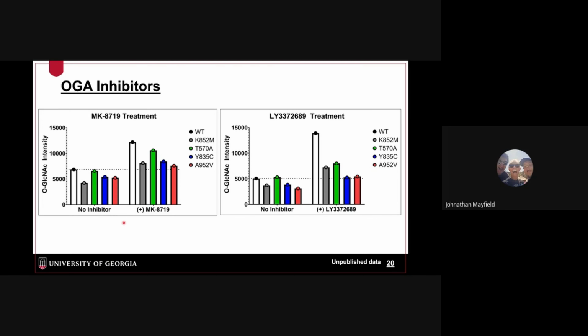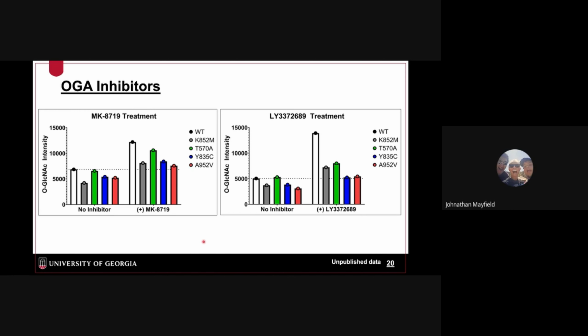One other potential therapeutic avenue we're investigating is the use of OGA inhibitors to help alleviate the global O-GlcNAc defect. If you remember, Johnathan earlier was talking about OGT being the enzyme that adds the O-GlcNAc, and OGA is the enzyme that can remove it. So like the premise with glucosamine supplementation, if we can add OGA inhibitors, we should be able to increase the global O-GlcNAc levels.